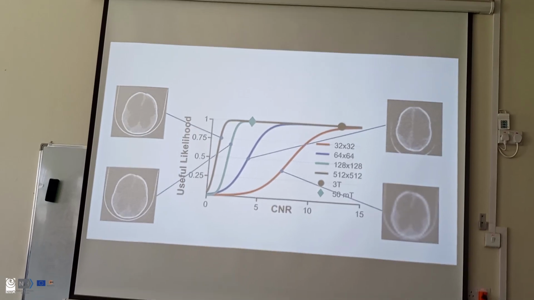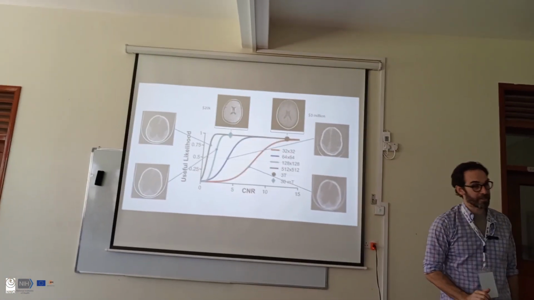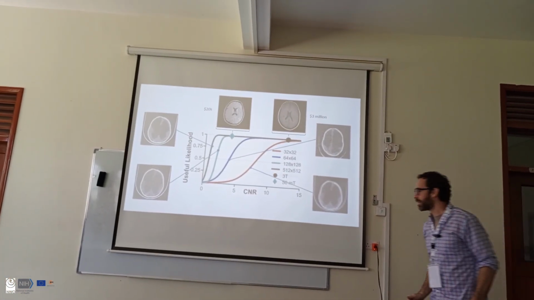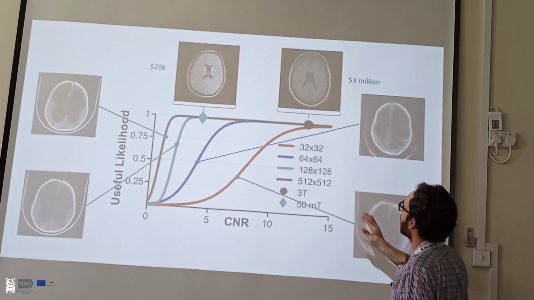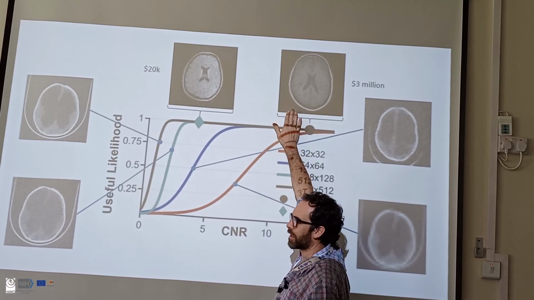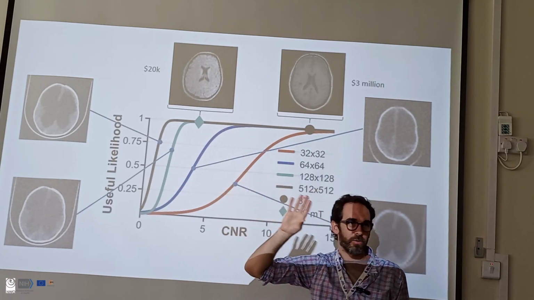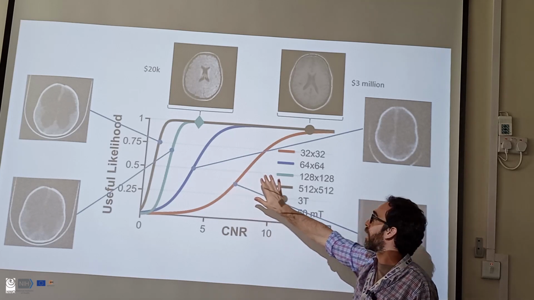But also interesting that I want to show you, if you'll accept this kind of stretch of the data, is if I were to plot the 3 Tesla and 50 millitesla MRI image with their contrast to noise ratio on this diagram.